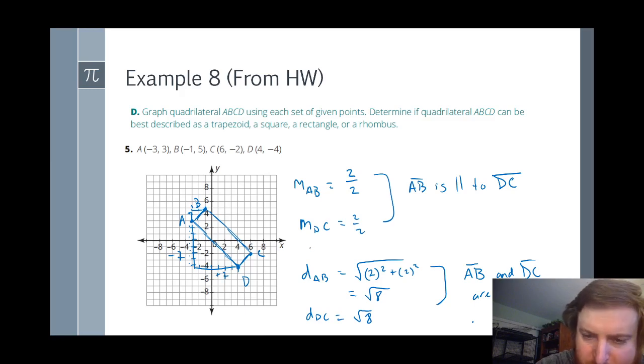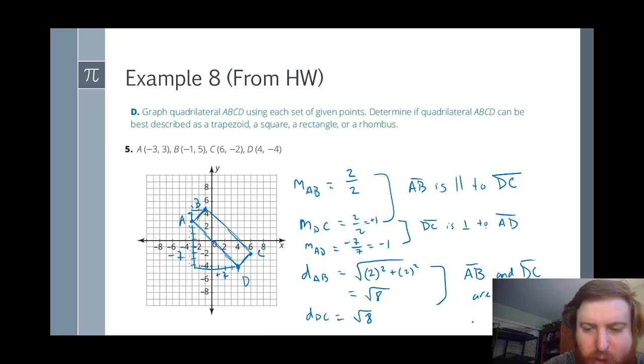So then the slope between A and D is down 7 over 7, which simplifies to -1. This is +1. +1 and -1 are opposite reciprocals. So we could say our line DC is perpendicular to our line AD. So now that we know they're perpendicular, now I know these are right angles. So now I know that this has to be a rectangle.